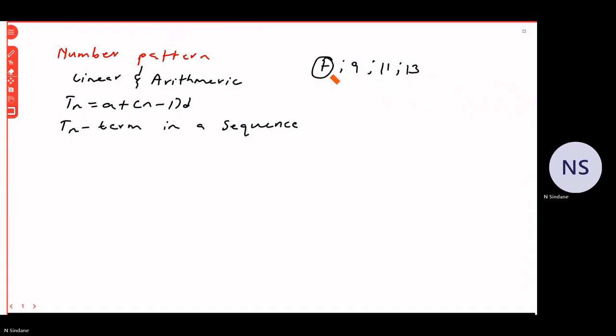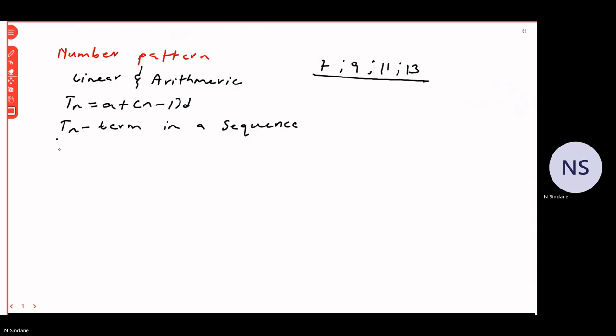This is the actual number that you see in your sequence, which can be 7, 9, 11 or 13. That represents Tn. And then a represents the first term.